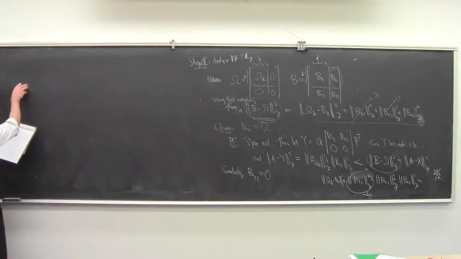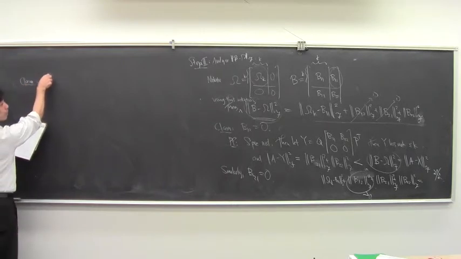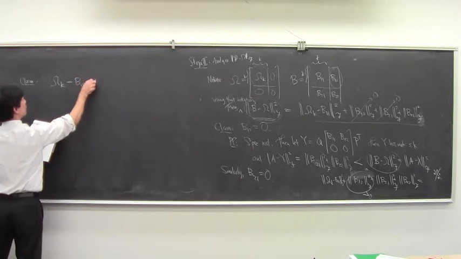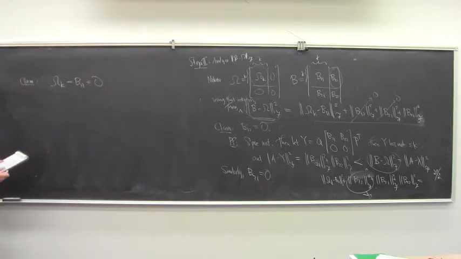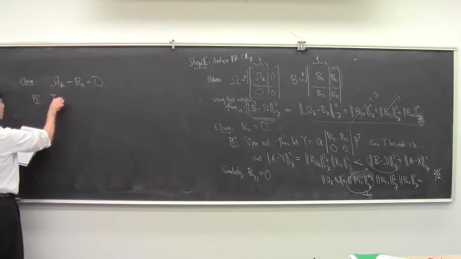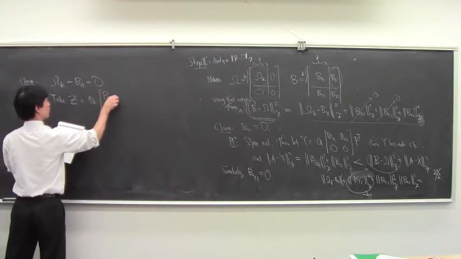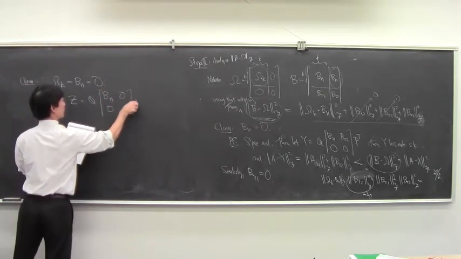So, last claim: omega k minus B11 is the zero matrix. Proof: take Z to be the matrix Q times B11, 0, 0, 0, times P transpose.